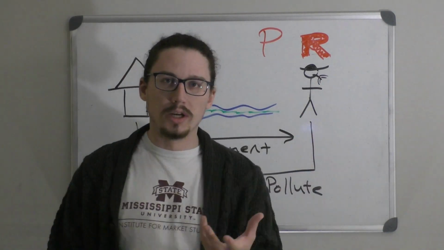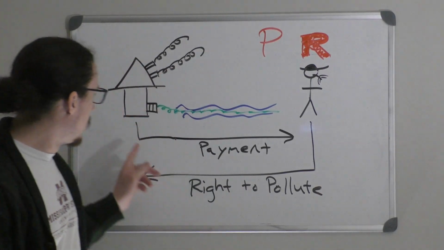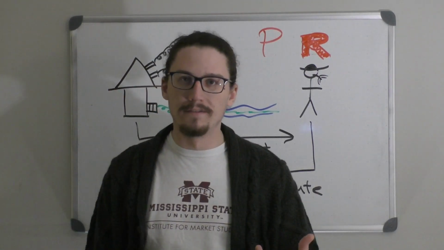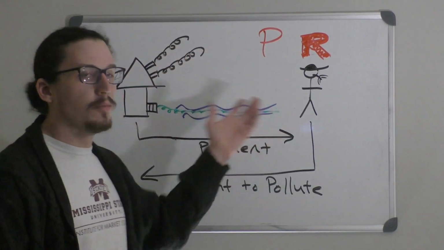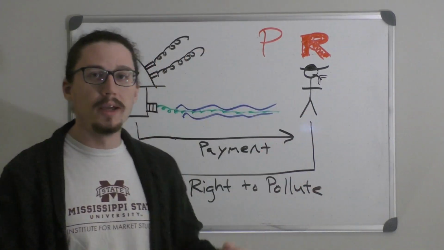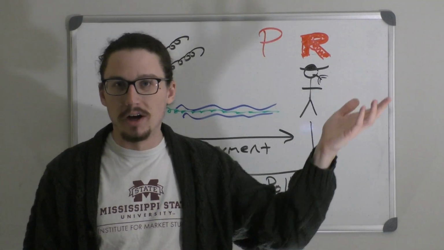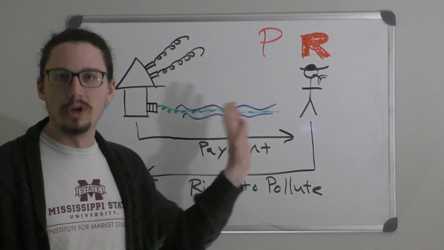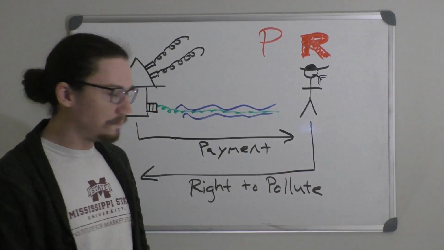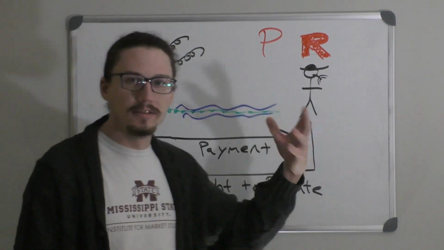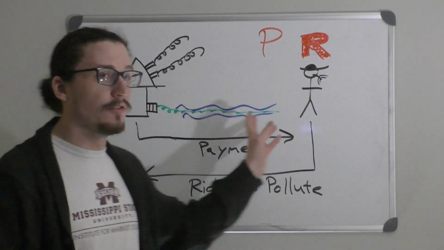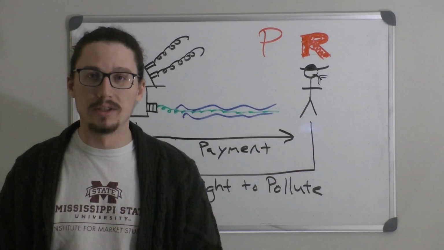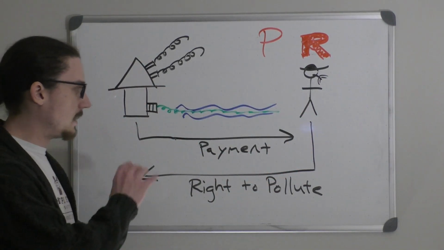So if that first unit only does $100 worth of damage, and it costs the firm $1,000 to not pollute that first unit, then they may propose some deal and say, hey, we'll pay you up to $1,000 to allow us to pollute one unit in this river. And it'd be anything from $100 to $1,000, we'll pay that for you to allow us to pollute the river.